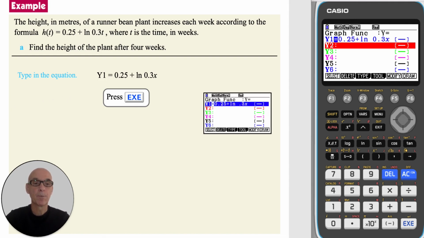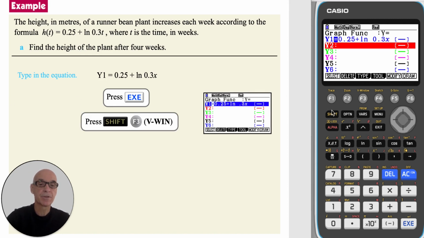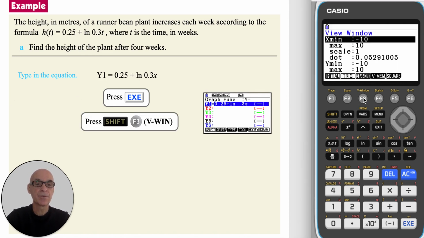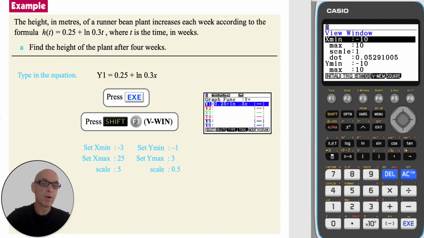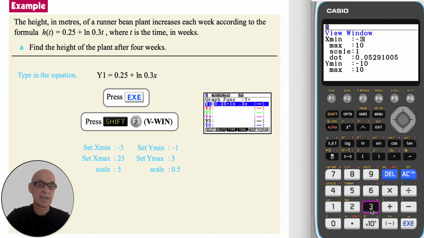and before pressing draw, we can press Shift F3 to set a desired window. For mainly positive x values, we can set x min at say -3, and x max at 25 with a scale of 5.